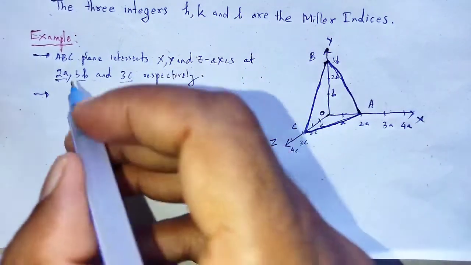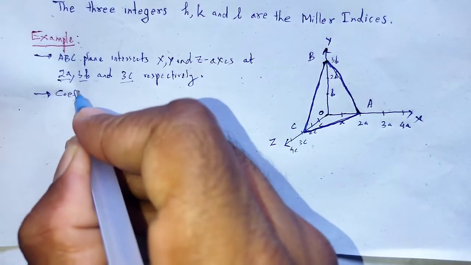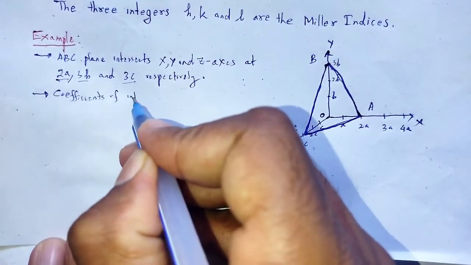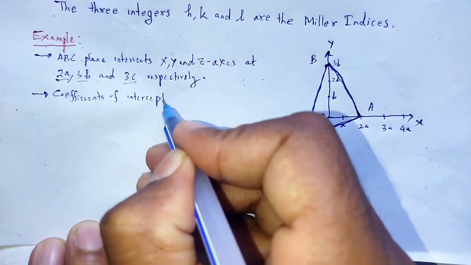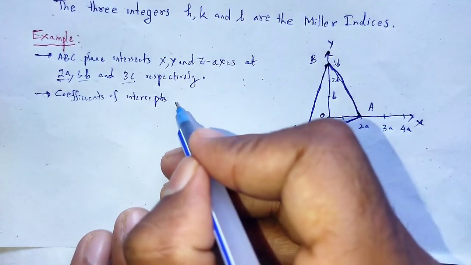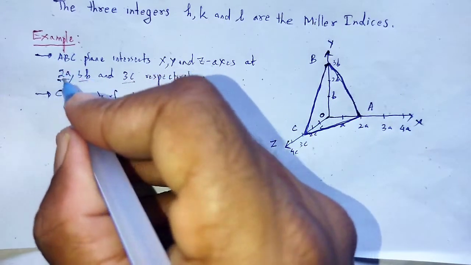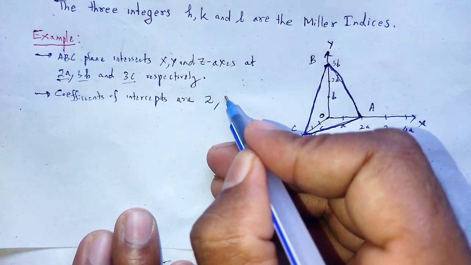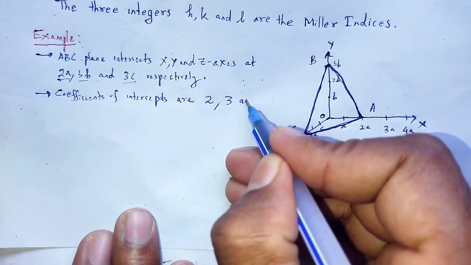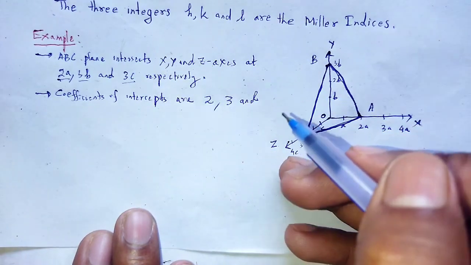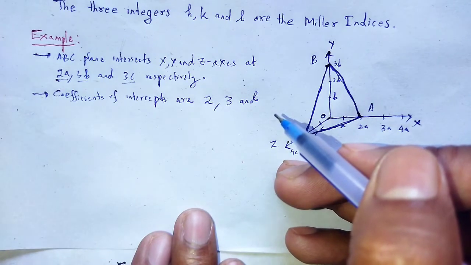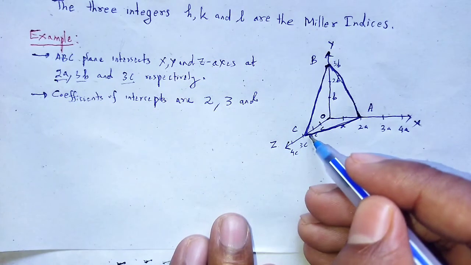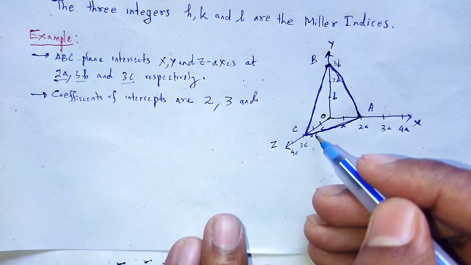The coefficients of the intercepts: x axis the coefficient is 2, y axis the coefficient is 3 and z axis the coefficient is 3.